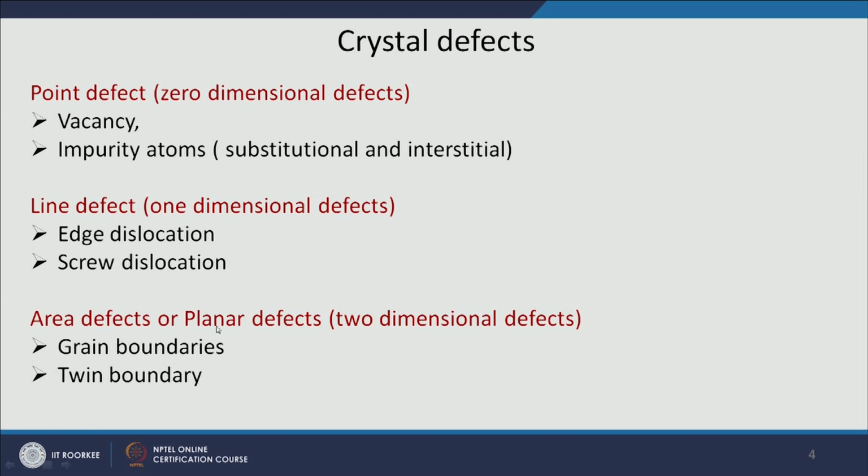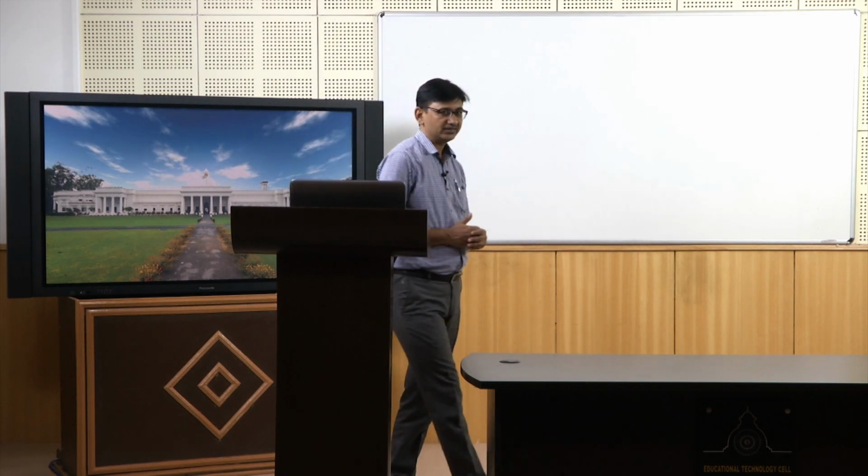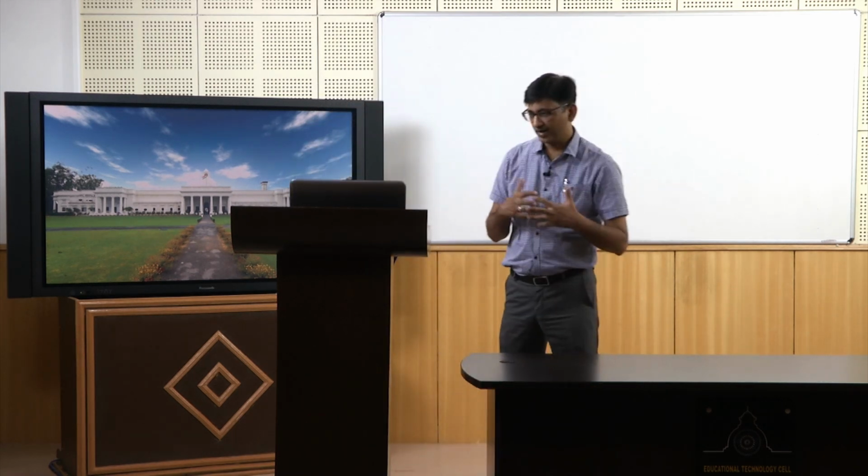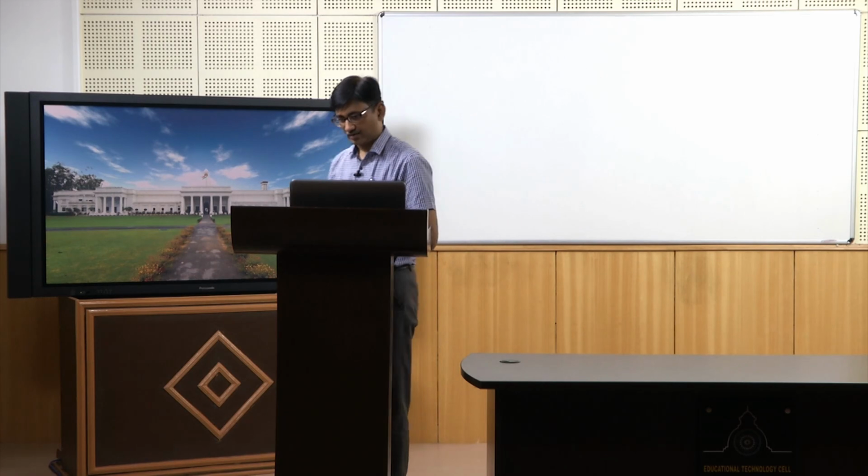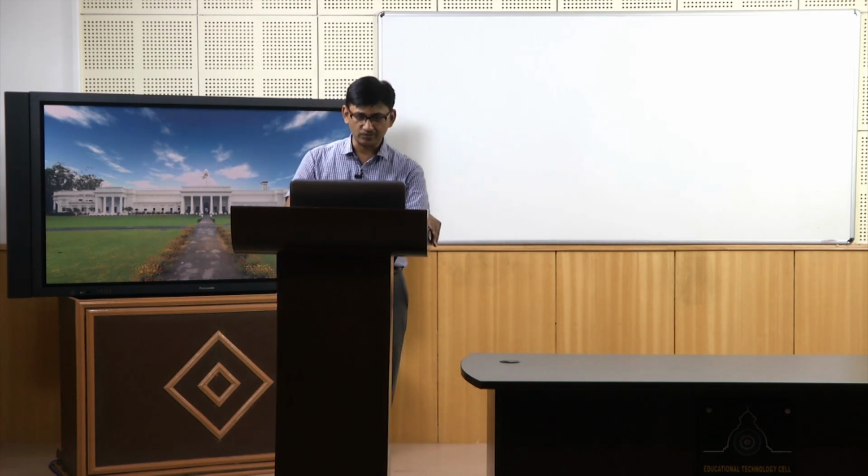Then there will be area defects or planar defects, 2-dimensional in nature: grain boundaries, a term we have already discussed for some time, and another is the twin boundary. Again we will see what we mean by a twin boundary. Now, coming to point defects, you can classify them in these two types.